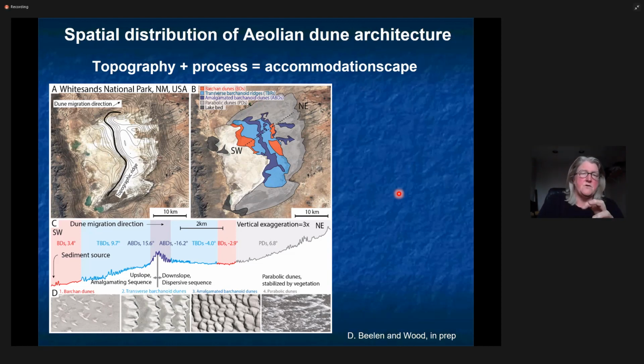And one of the things that we've noticed in the aeolian dune architecture, this happens to be White Sands, where there's actually a topographic high running through White Sands. And so you have these dunes evolving up over that topographic high, going back down, and then of course climbing off to the west of the mountains.